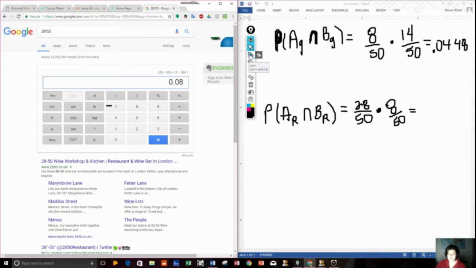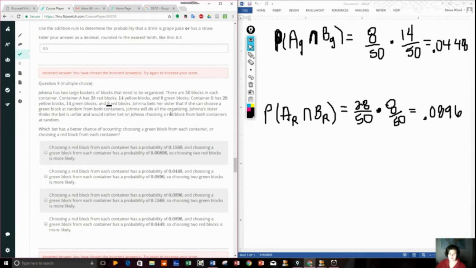I typed that in wrong, I apologize. It is 28 divided by 50 times 8 divided by 50. So that's going to equal 0.0896. Alright, so now they want to know which bet has a better chance of occurring.